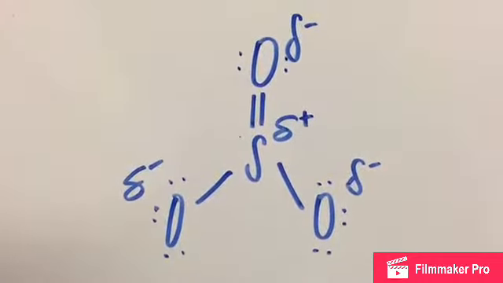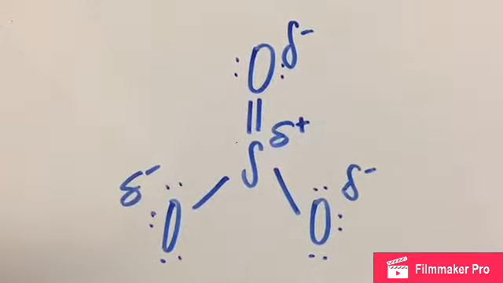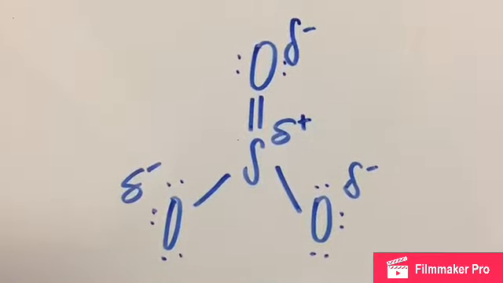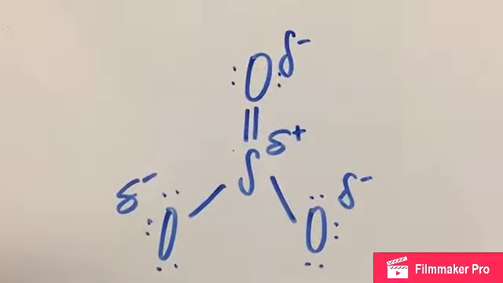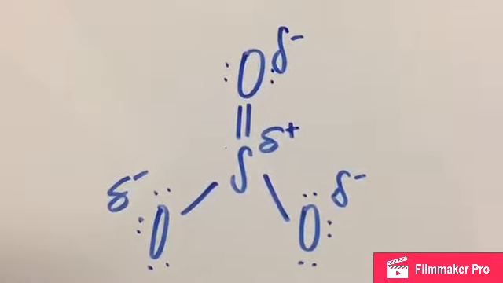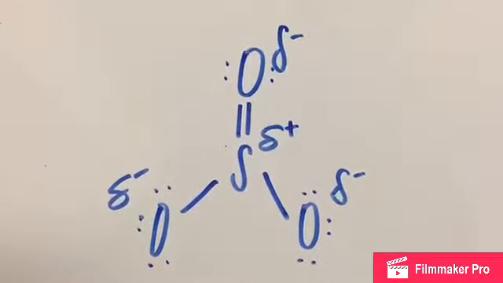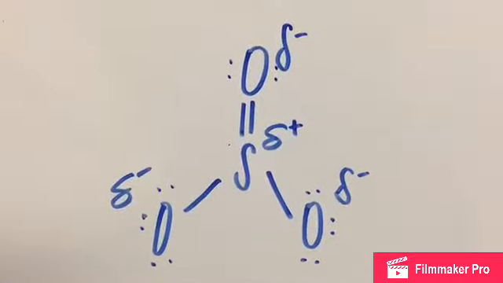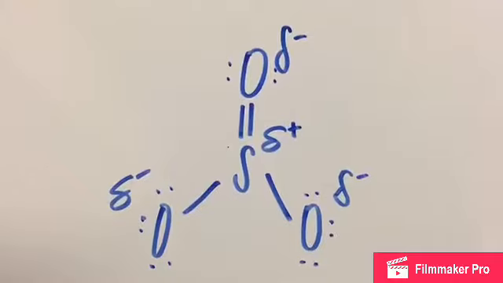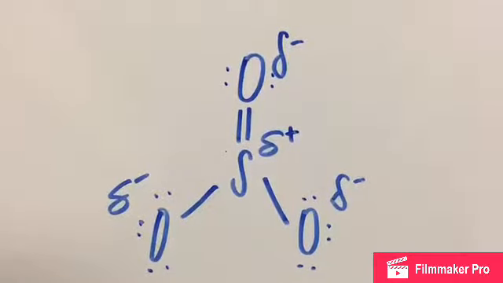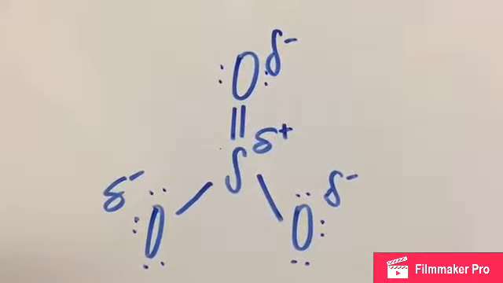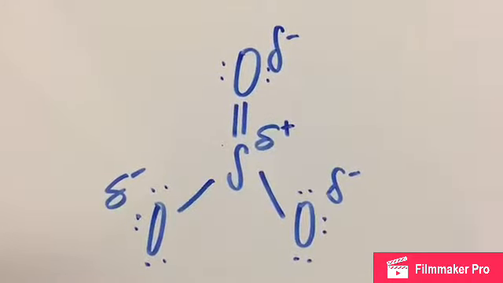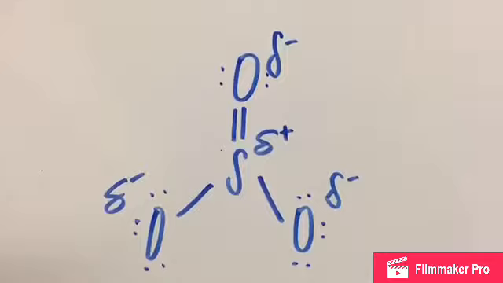So now we know that the O will have a partial negative charge, because the electrons will drift towards each O atom. And then this will create a partial positive charge on the central S atom. We indicate the partial charges by these symbols.